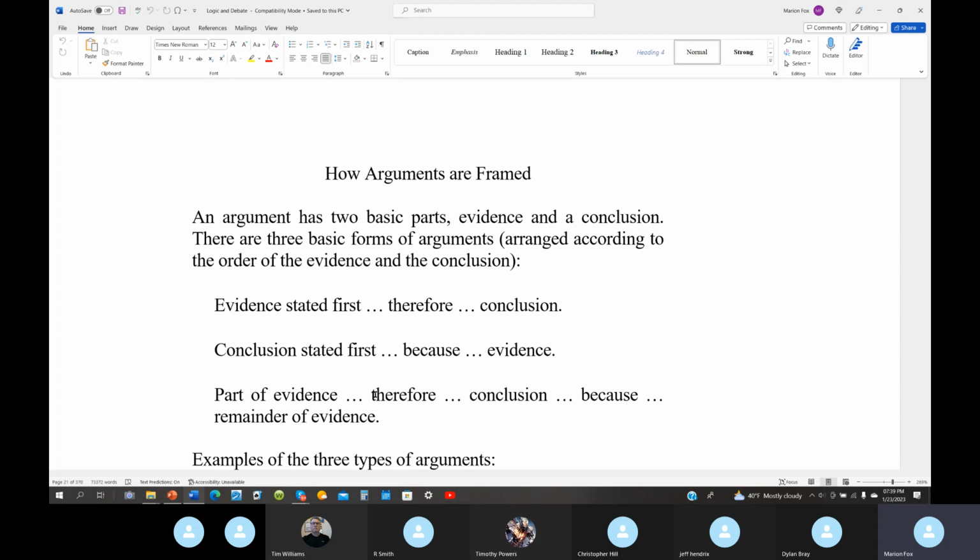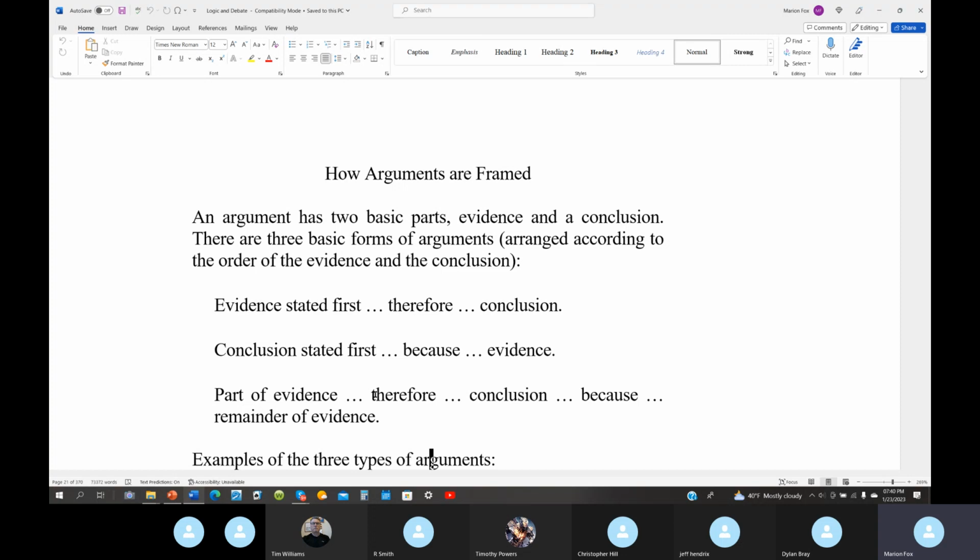All right. Let's look at how arguments are framed. Here's a problem we run into. We're going to look at the Bible and be looking at arguments in the Bible and developing arguments from the Bible to establish points or what we need to know or what we want to know about something. An argument has two basic parts: there's evidence and the conclusion.